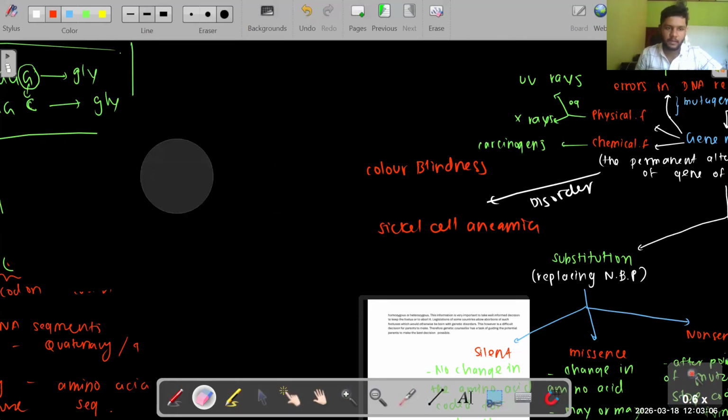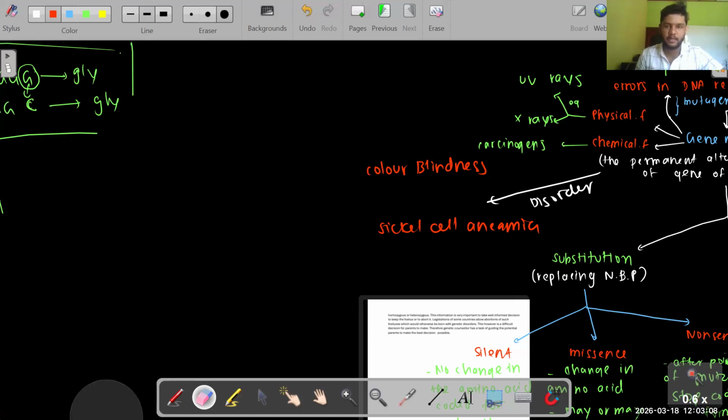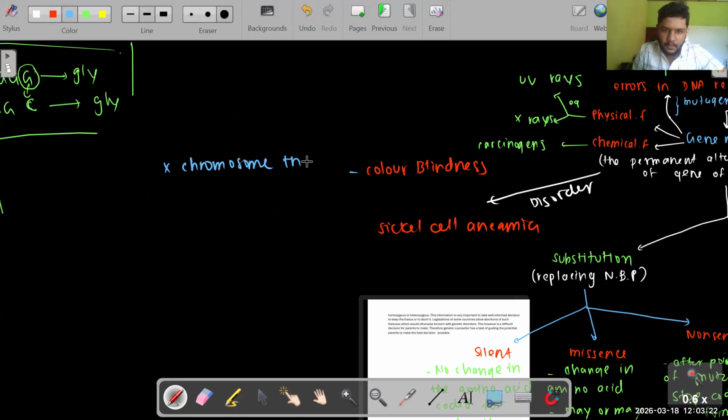Now, I don't want to give the complete information about sickle cell anemia and color blindness. Let me give just one piece of information about each. With color blindness, it affects what chromosome? X chromosome, that codes red and green light.